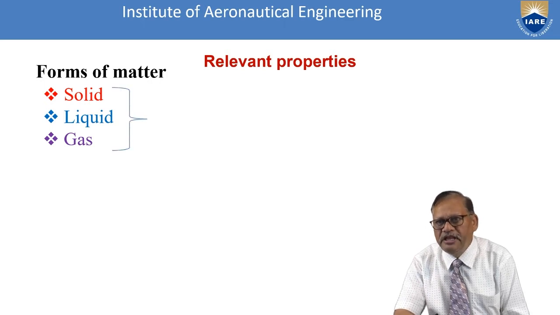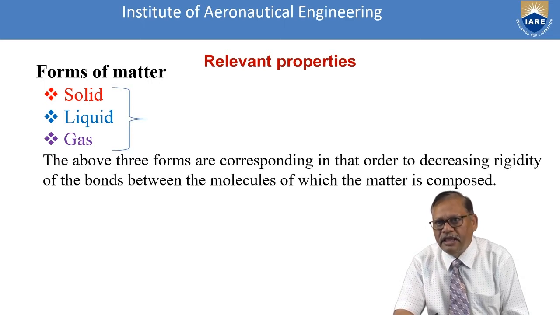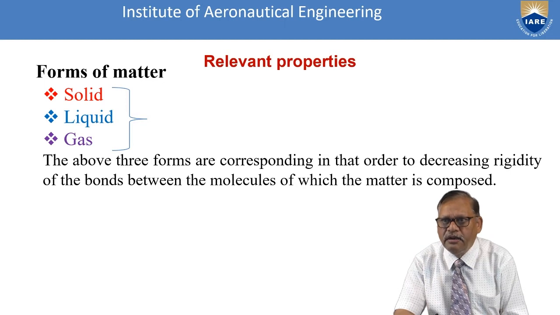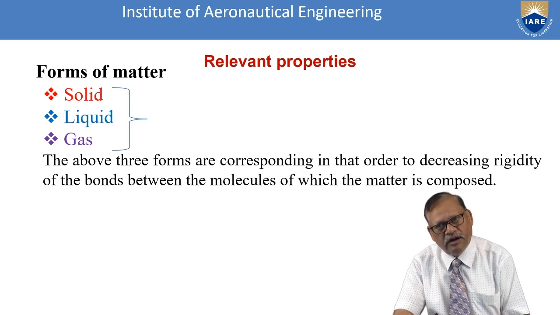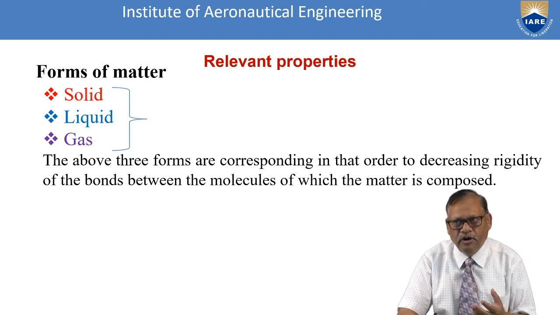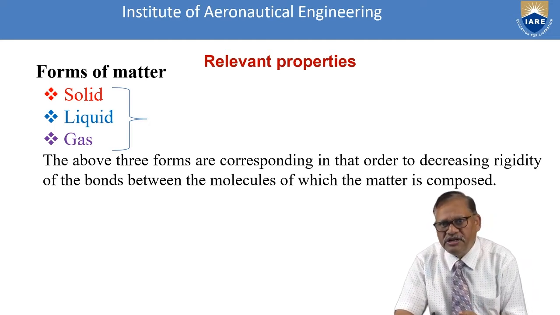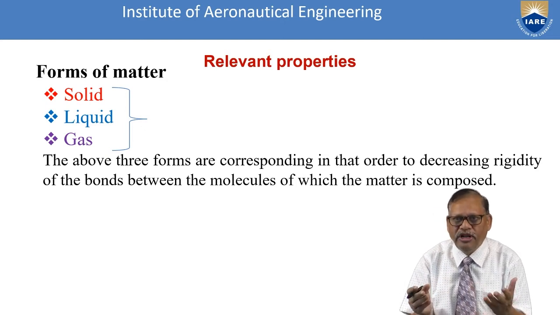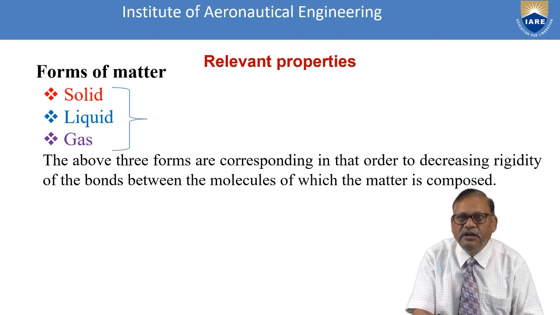These three forms correspond to decreasing rigidity of the bonds of the molecules of which the matter is composed. In solid, molecules are rigidly fixed; in liquid, a little loose; and in gas, they move freely. These are the three forms we basically use.